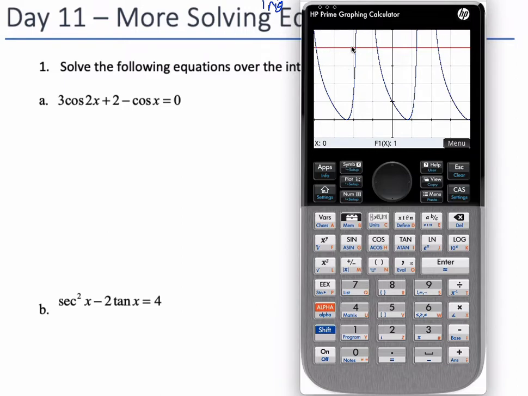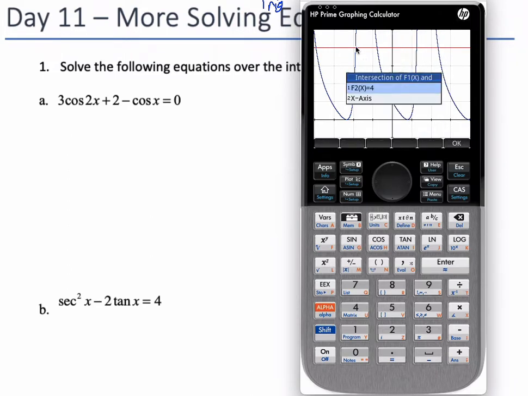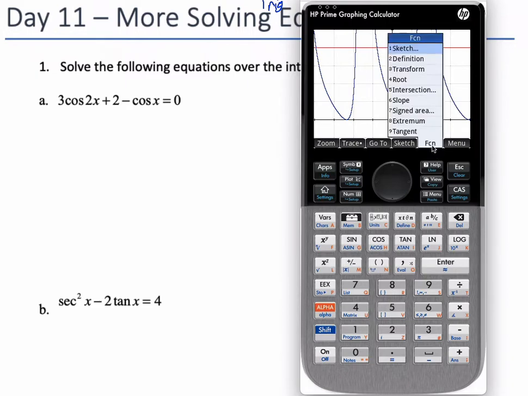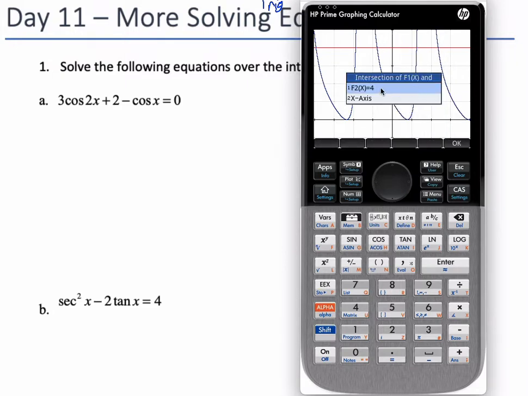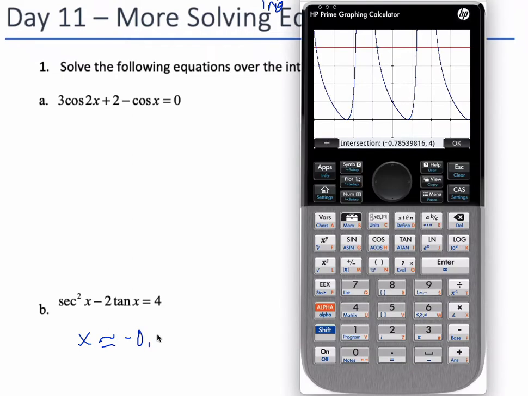Okay, that's interesting. We can see there's 1, 2, 3, 4, 5 answers. So simply click to get this answer: we go to intersection and we get the answer, and that is negative 0.785. So x equals negative 0.785.